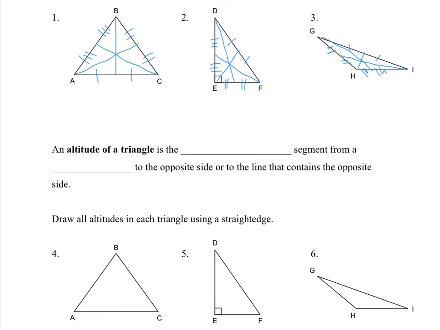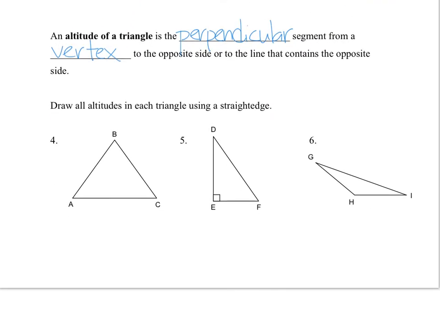The altitude is the perpendicular segment from a vertex to the opposite side, or to the line that contains the opposite side. So here we go with altitudes. DE is already an altitude, and so is EF, because of the perpendicular already there.